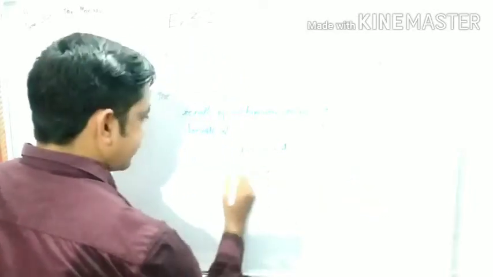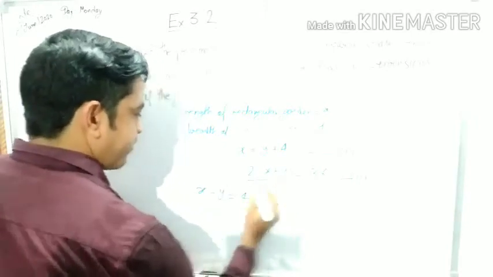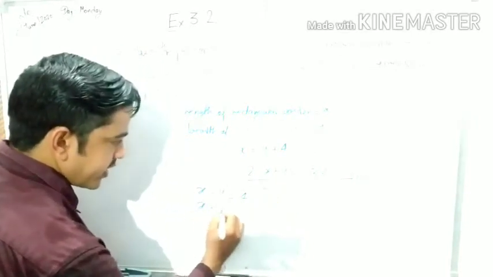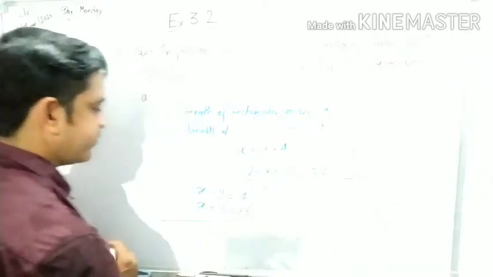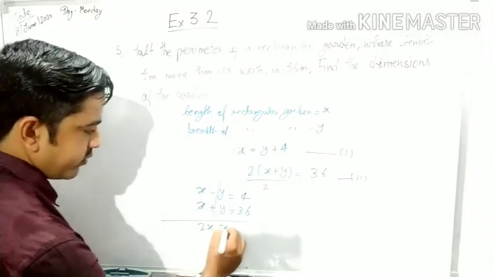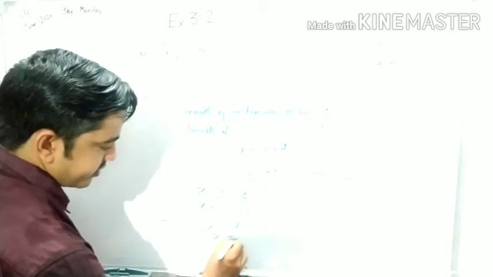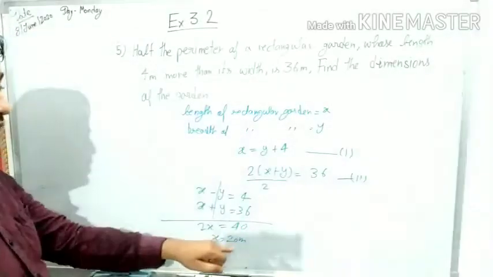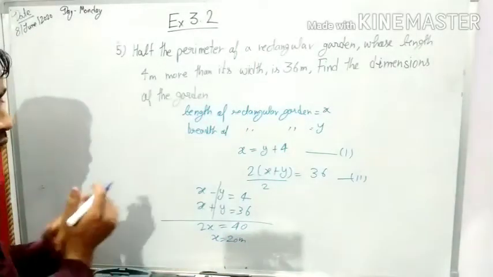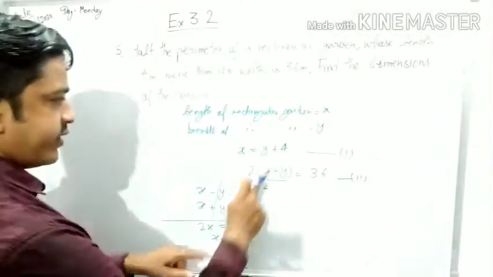So look at this. By the first condition, x minus y is equal to 4, and for the second, x plus y is equal to 36. So add these, y cancels out, 2x is equal to 40, so x is equal to 20. So length is 20 meter. Okay, what is the breadth? We find it from here.